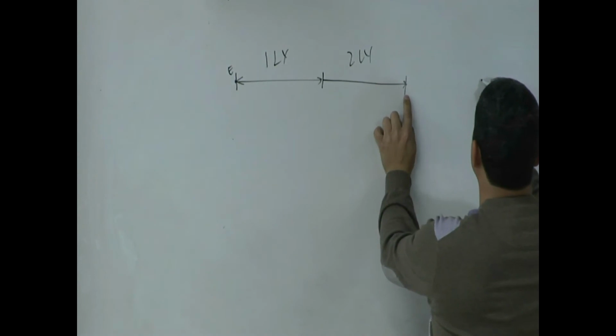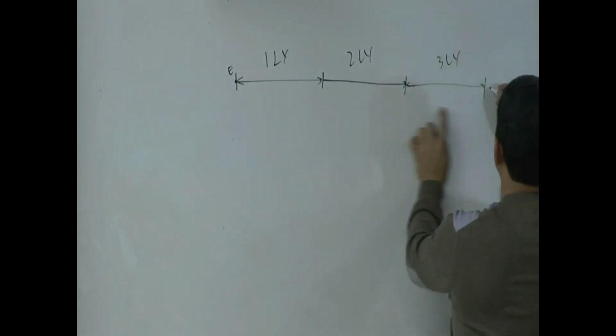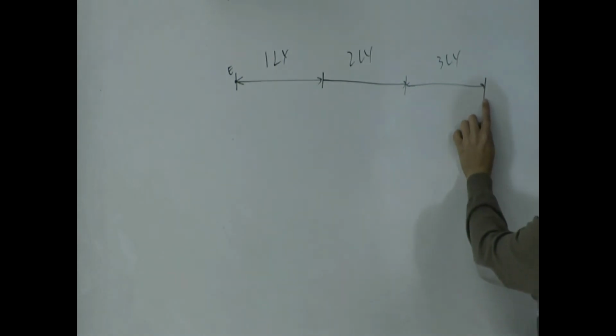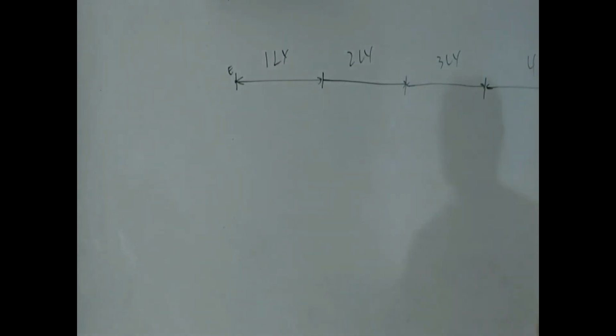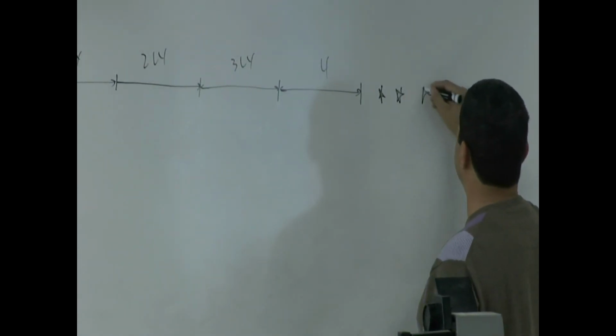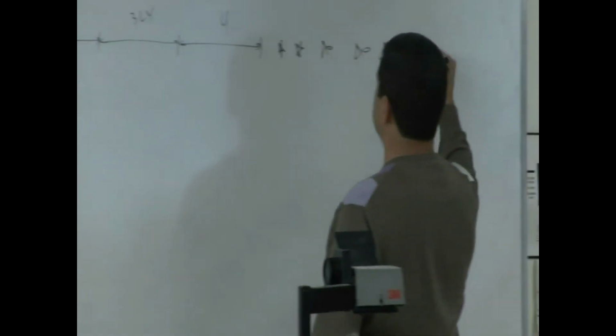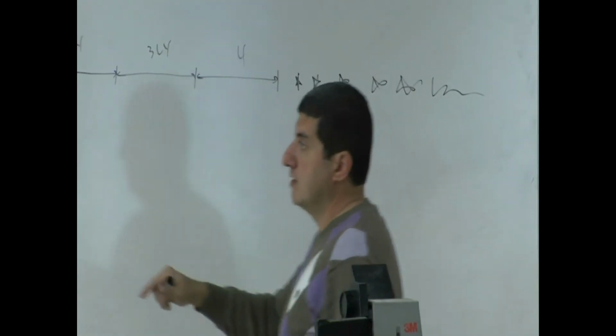And here's another light year. And here's another light year. So visually speaking, our nearest star is what? 4.2 light years, right? So here's our nearest star. And then the other stars start appearing, you know, like that. That's our closest star, 4.2 light years.